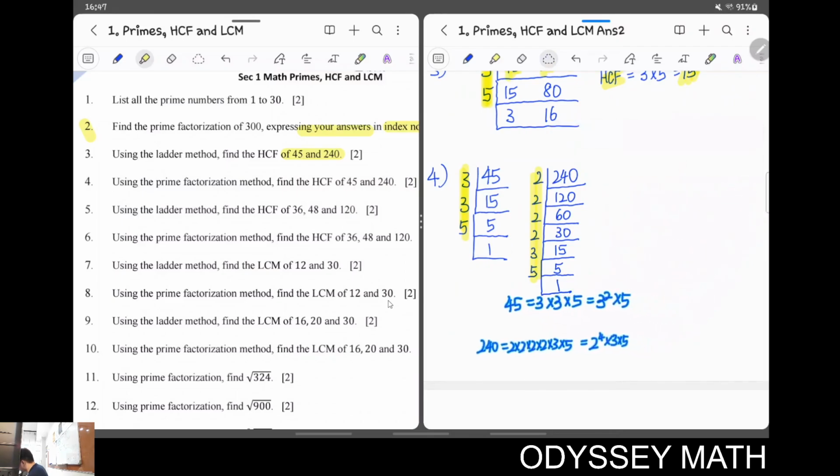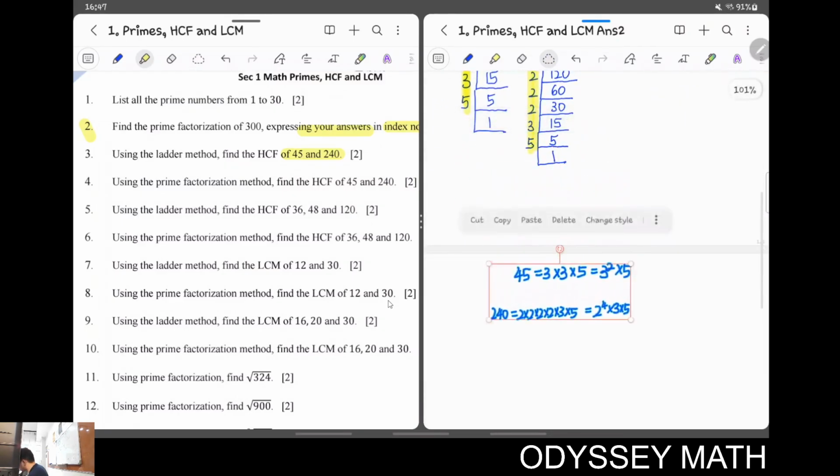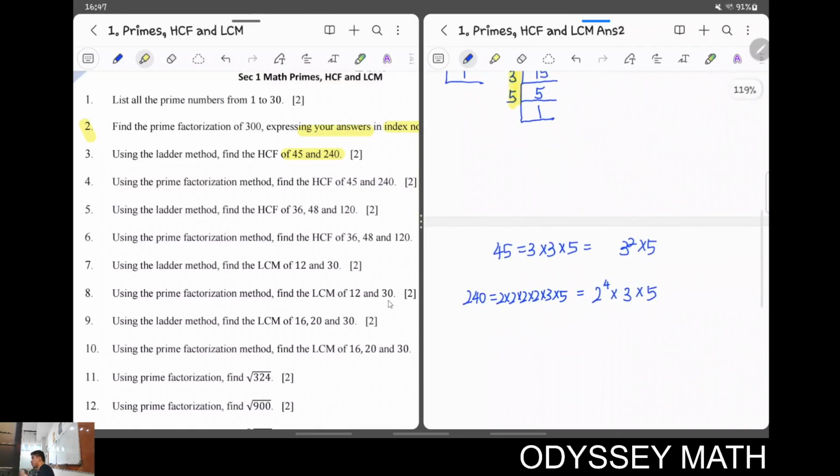So when you do the prime factorization method, what I really want you to do is to arrange it properly. What you have to do is arrange the numbers.